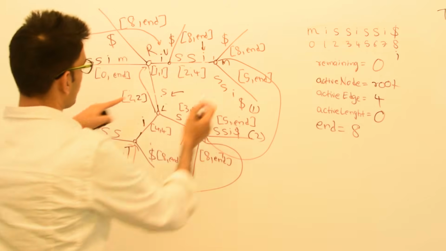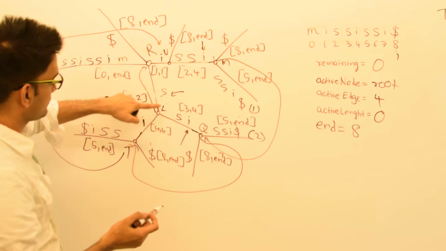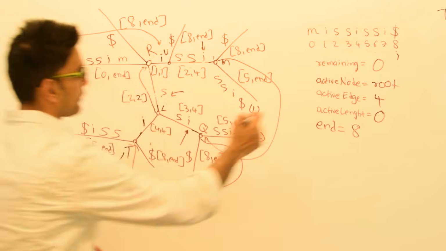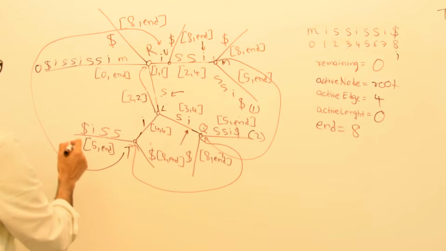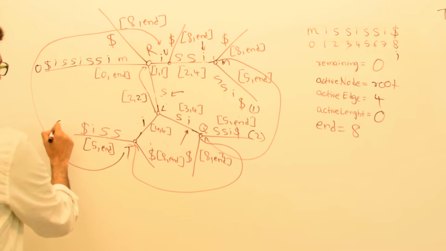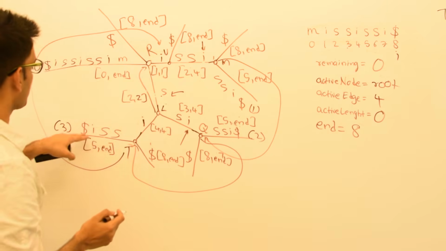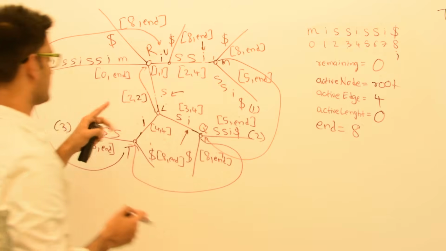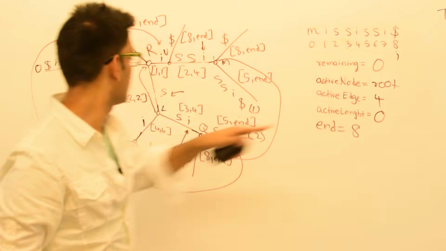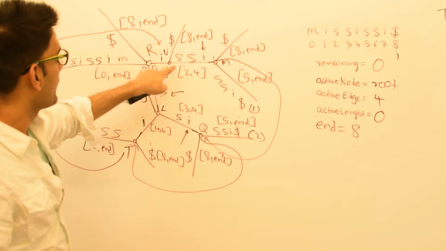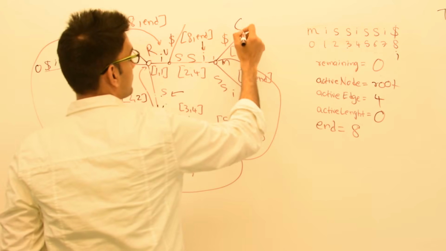Then you go S, then you go to S. For now we're looking at this guy. $, so this is 3. The length here is 1 plus 2 plus 3, 4, 5, 6. So 9 minus 6 is 3. Then for this guy, $. So this is 4.